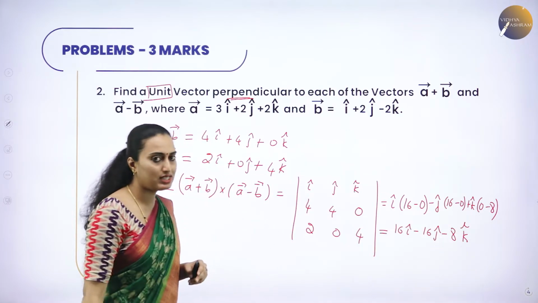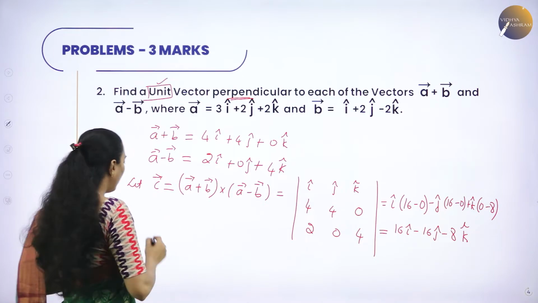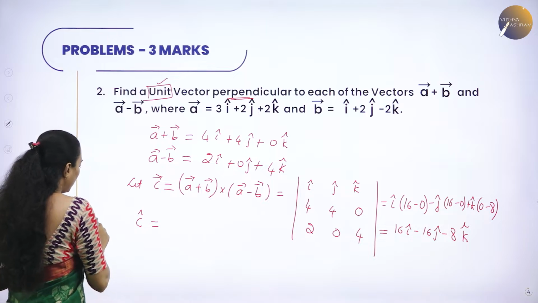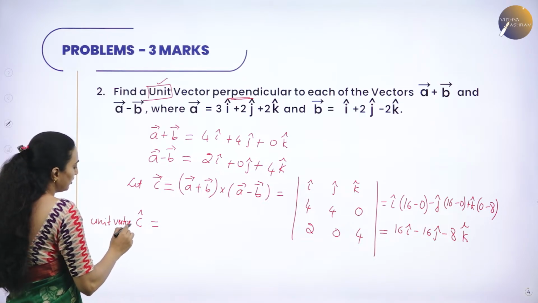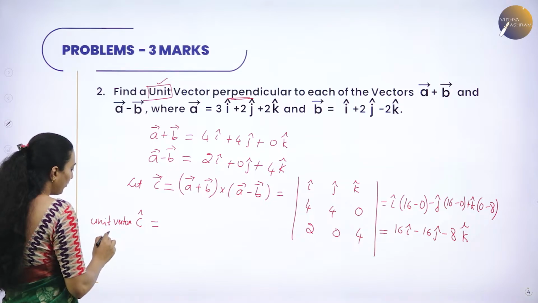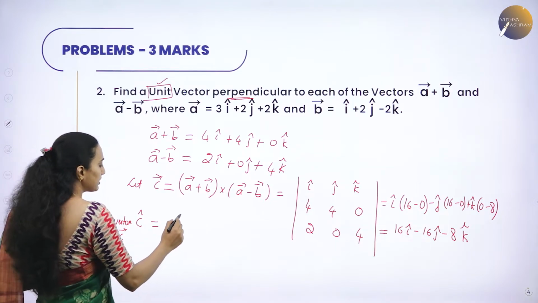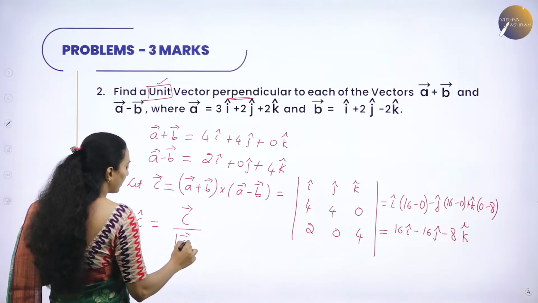Now, this is the C vector, and they've asked you to find out the unit vector. So, the unit vector of C vector, which is C cap, is equal to C vector divided by the magnitude of C vector.